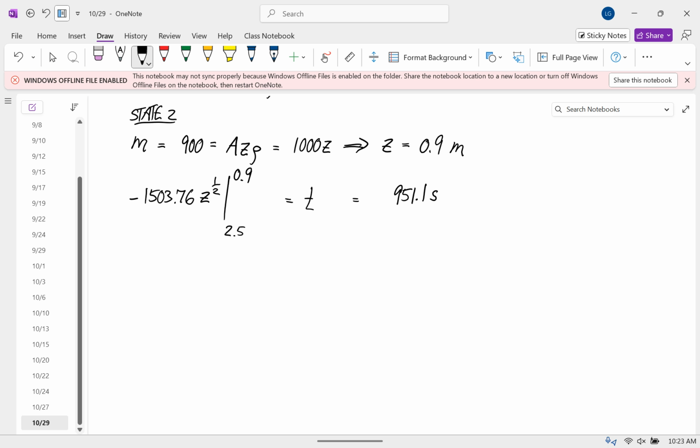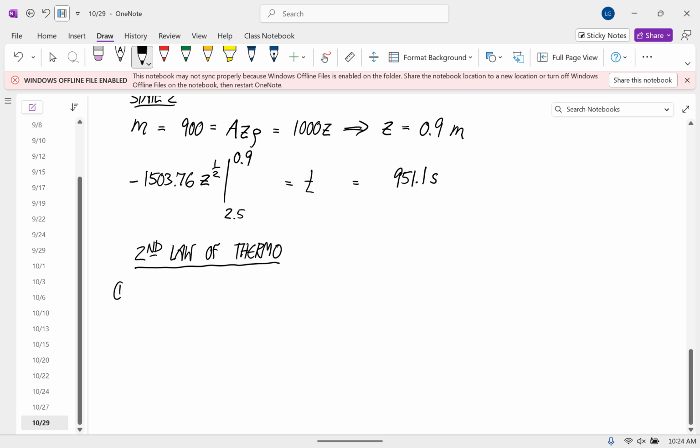Okay, so we're back to the second law. And remember, we have three forms of this. The first one is the Clausius statement. And that's the intuitive one that says that if you're not doing anything tricky, heat is always going to transfer from high temperature to low temperature.